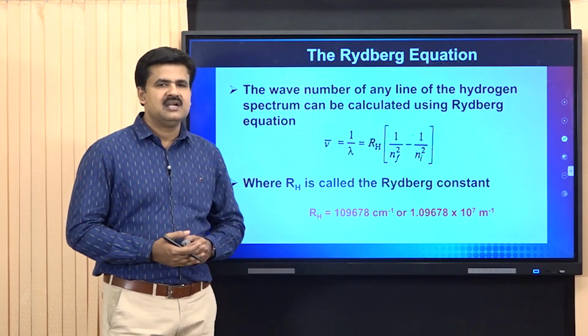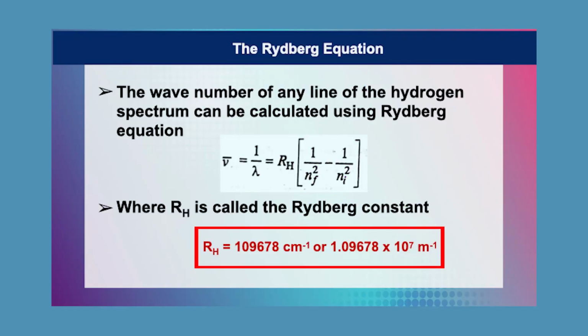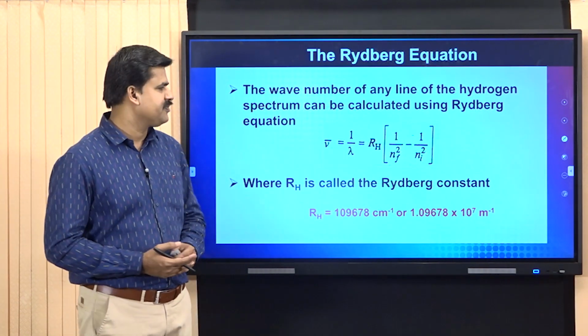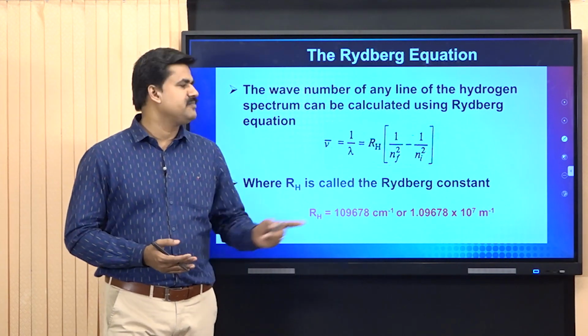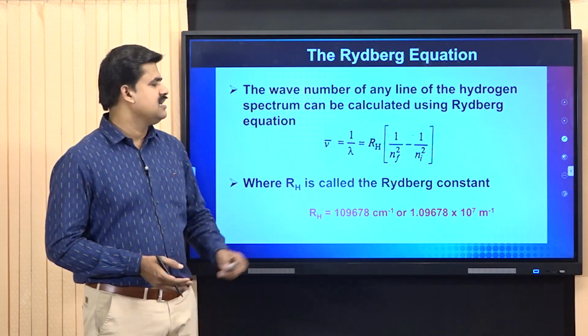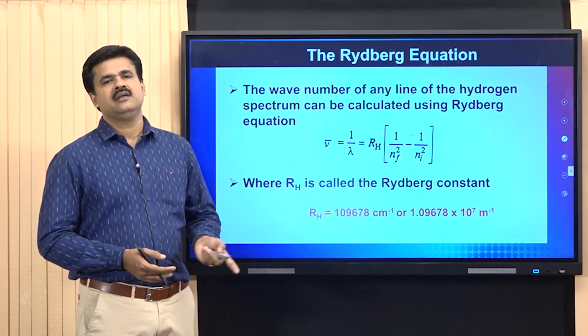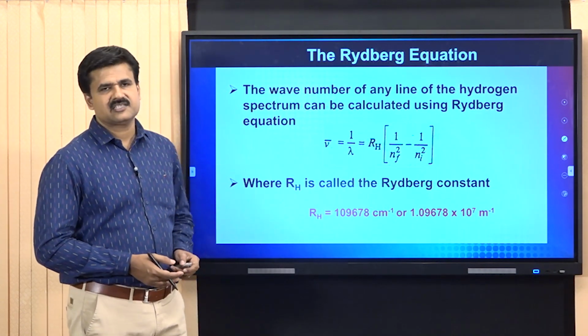Rh is equal to 109678 centimeter inverse, or 1.09678 into 10 raised to 7 meter inverse. The first value is in the CGS system, hence the unit is centimeter inverse. The second value is in the SI system and the unit is meter inverse. These two values are very, very important as far as calculations based on the Rydberg equation are concerned.